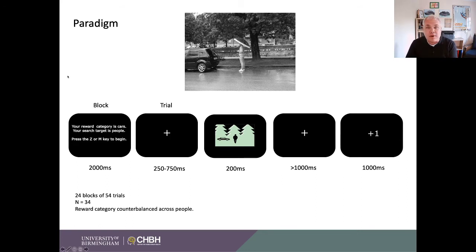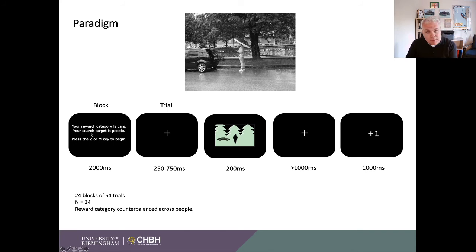One of these two categories was associated with reward for each subject. For that subject, whenever that was the cued target for a block, when they correctly completed the task, they received high magnitude reward for that trial. It'll become clear as I talk about it more in a second. So each block would start with a cue saying, hey, your reward category is cars, but currently you might be searching for people, say, as an example.